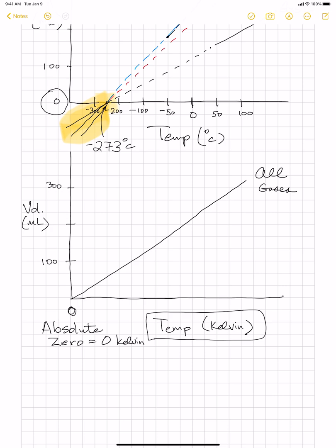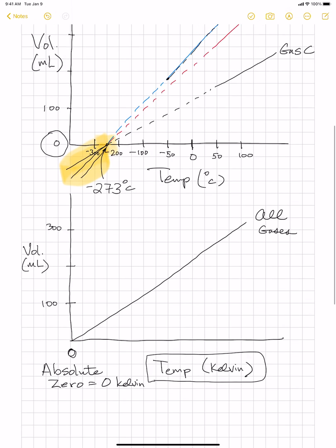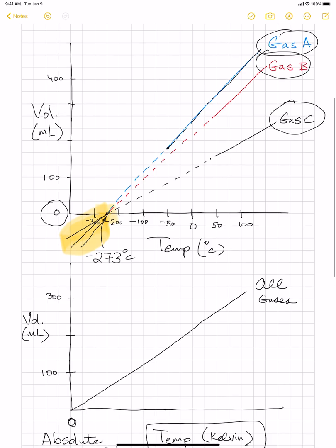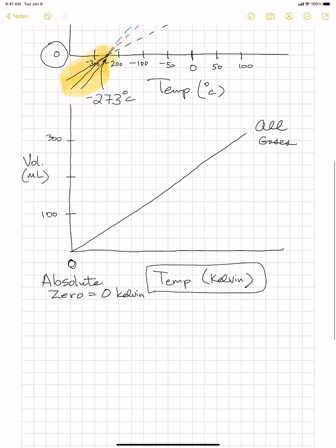Now, when we plot the gases A, B, C, D, E, F, any gas in the world, against the Kelvin scale, we see that all of the gases show a perfect relationship of direct proportionality.